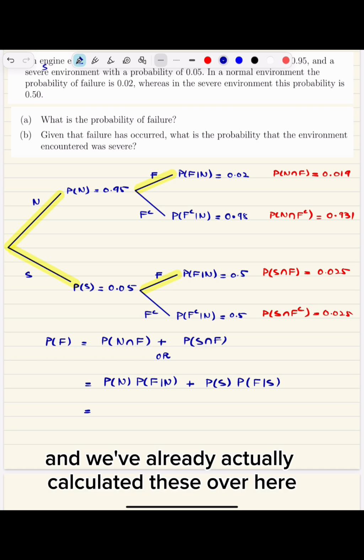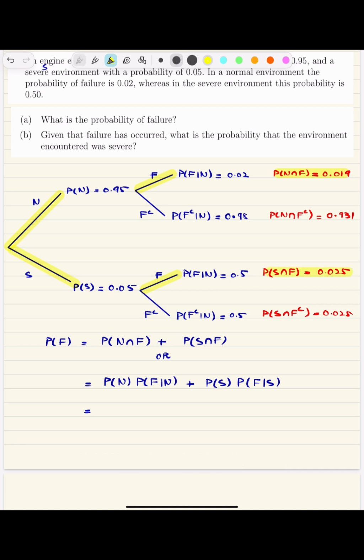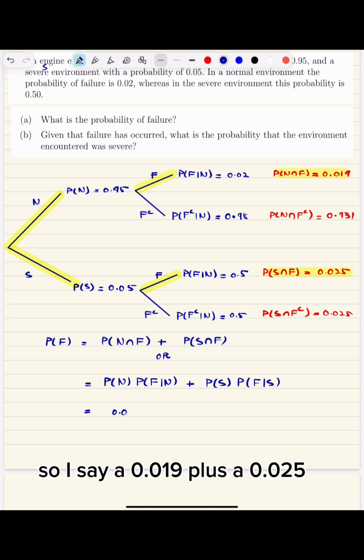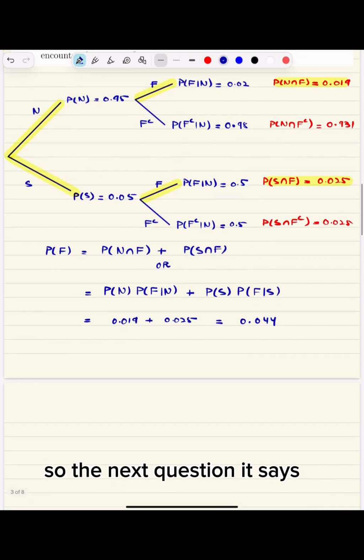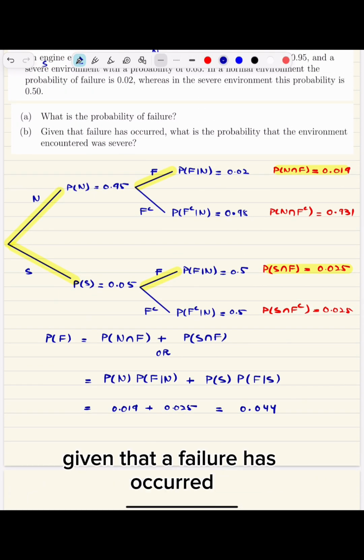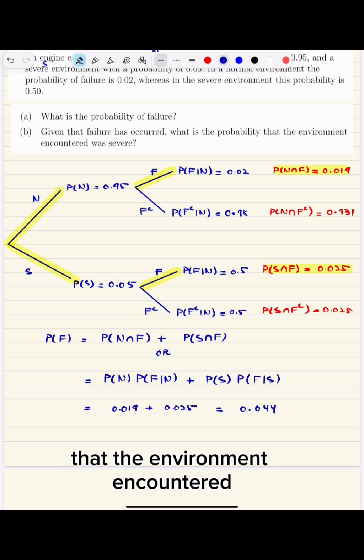We've already calculated these over here, so now I just have to add them. So 0.019 plus 0.025, and our answer becomes 0.044.